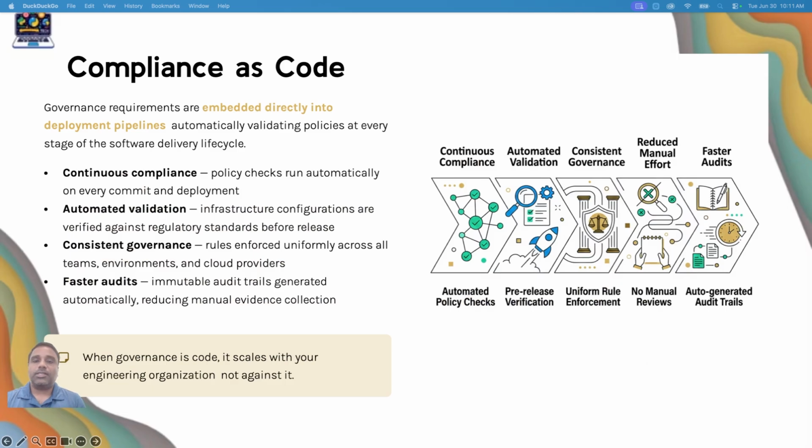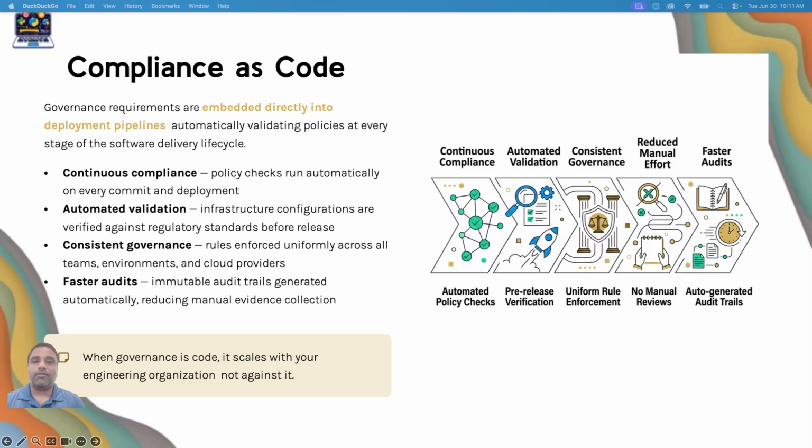The next one is compliance as code. One of the most powerful patterns in cloud native is treating compliance as code. Governance requirements are embedded directly into your deployment pipelines so that policy checks run automatically on every commit and deployment. Infrastructure configurations are validated against regulatory standards before release, not discovered in an audit 6 months later.